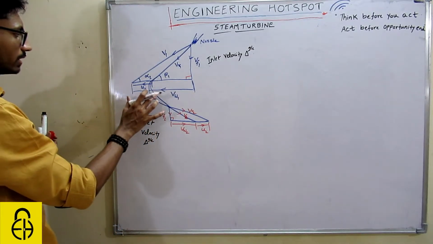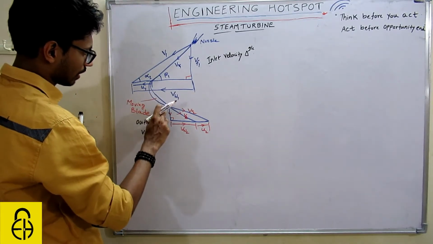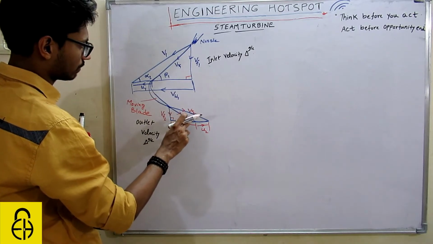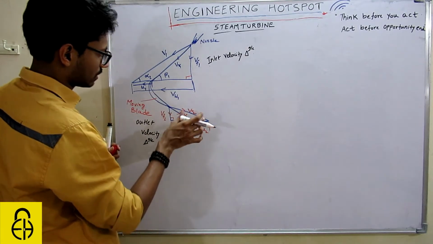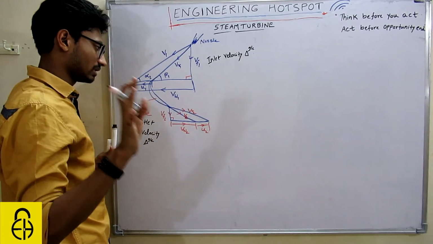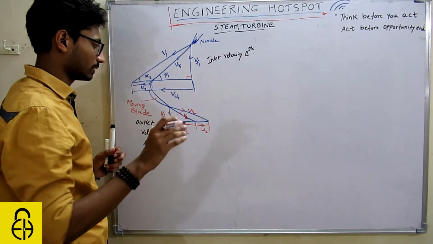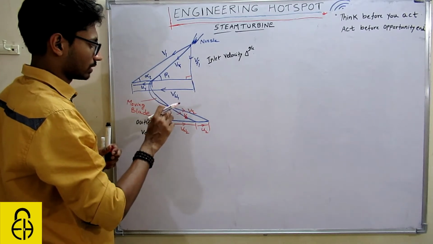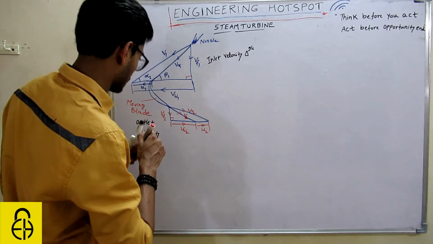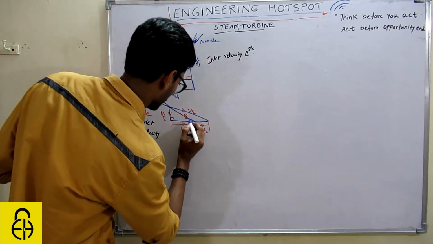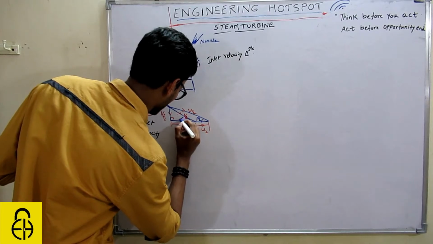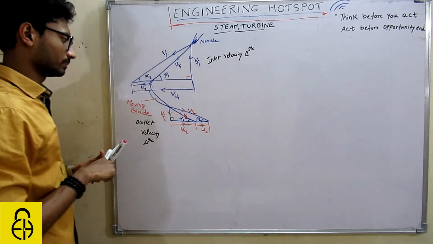This is your moving blade, and then it will come out from this moving blade in the tangential direction, that is VR2. The tangential direction to the blade will always be VR2. Remember, this angle will be beta 2 and this angle will be alpha 2.